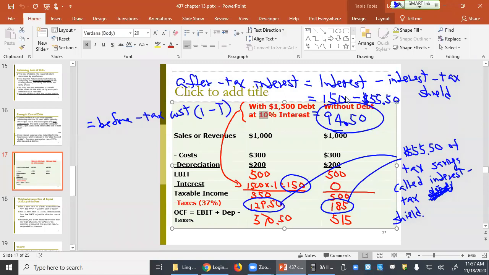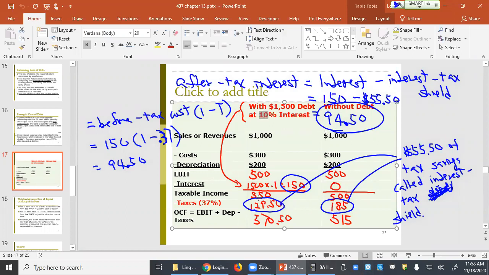For example, before tax, it costs us $150. If we multiply by 1 minus 0.37, it will give us the $94.50 directly, without having to construct two pro forma income statements and find the interest tax shield.